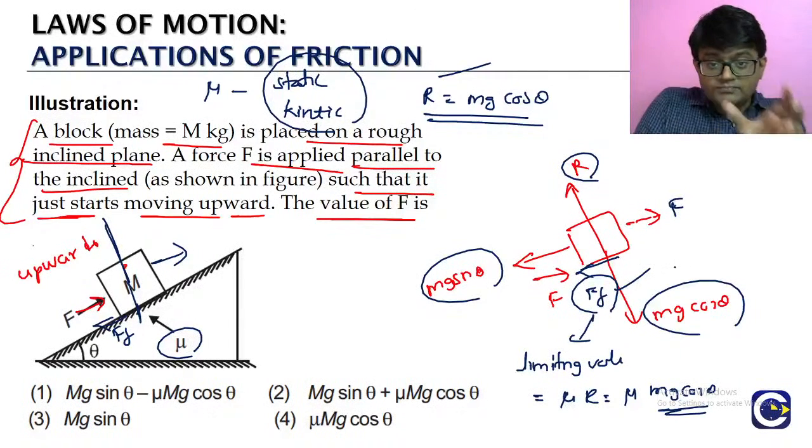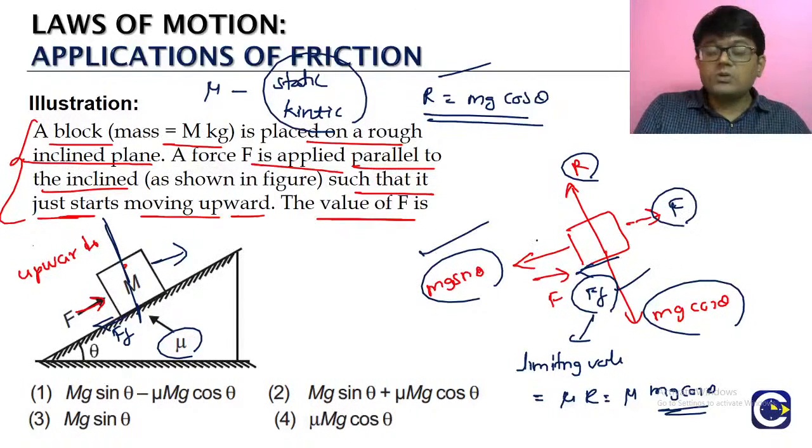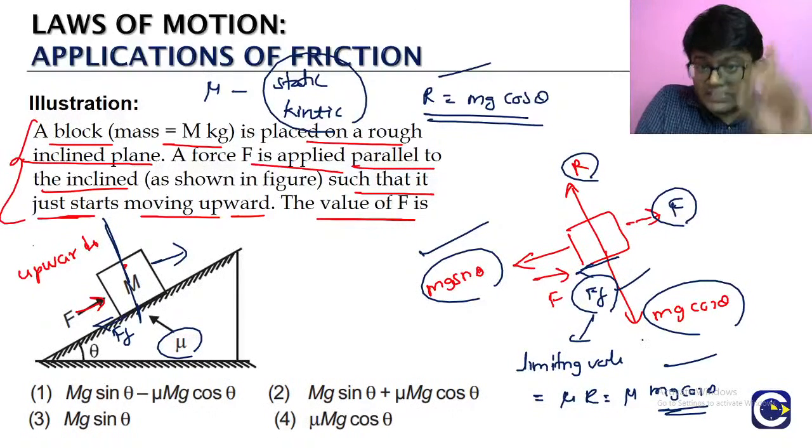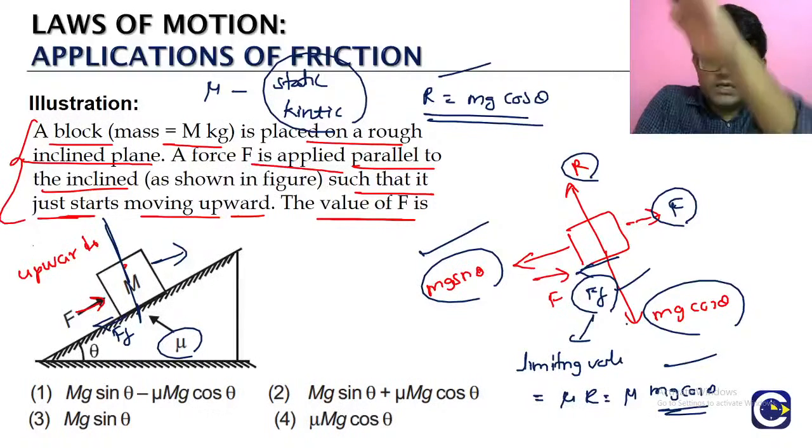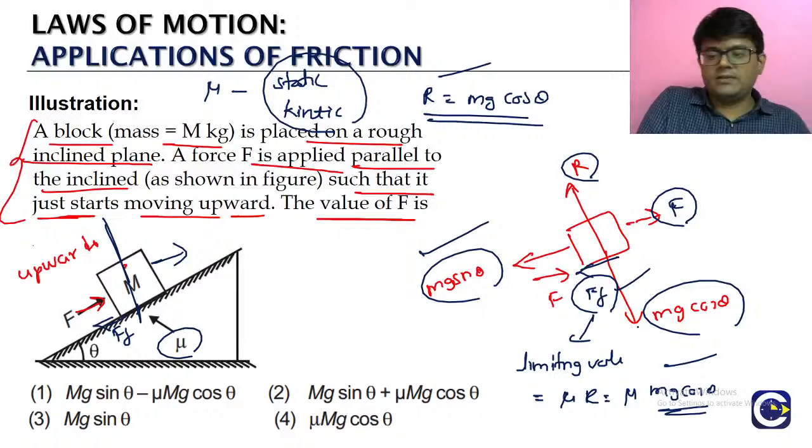When we say that the block is just starting to move upwards, it means this F should be able to balance both the mg sin theta as well as the highest value of friction. Because if F is able to balance the highest value of friction, then even if you increase the F value by a little bit more, the motion is going to start up the plane.